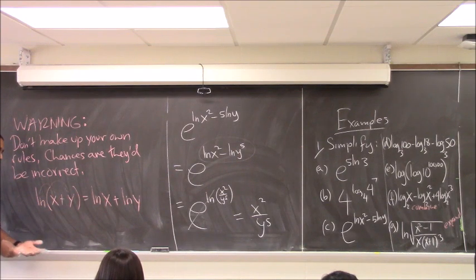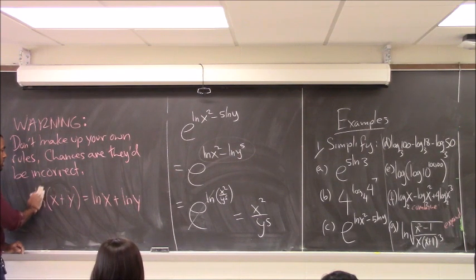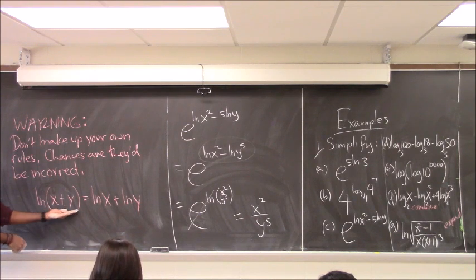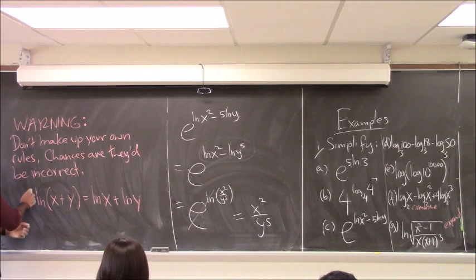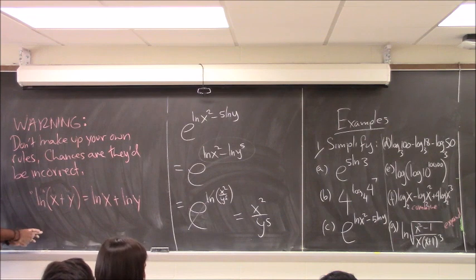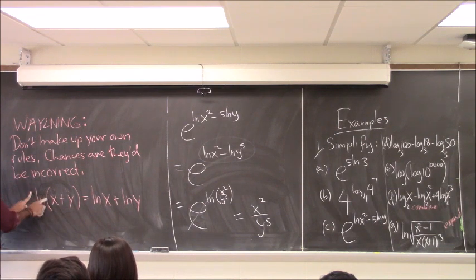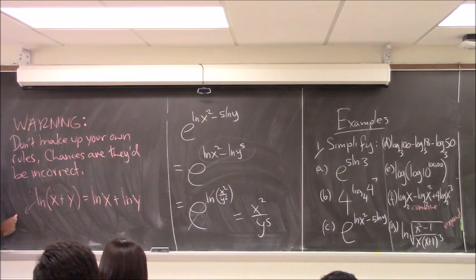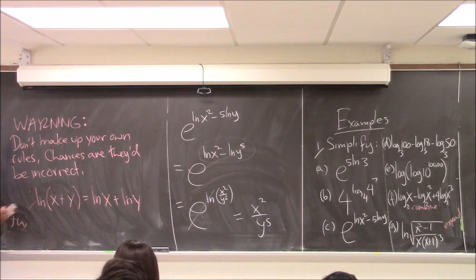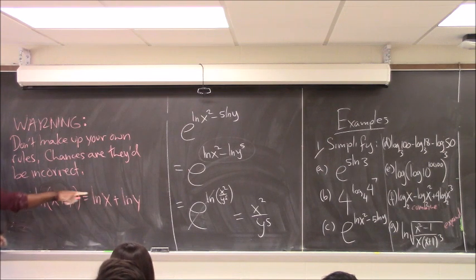But that is not true. It depends on the context. When you see ln of this, it doesn't mean this is a thing on its own multiplying those things. No, these are plugged inside of the ln. It's a function. You want to think of this like an f of x. It doesn't mean f times the x. So logarithms cannot be distributed like a sum.